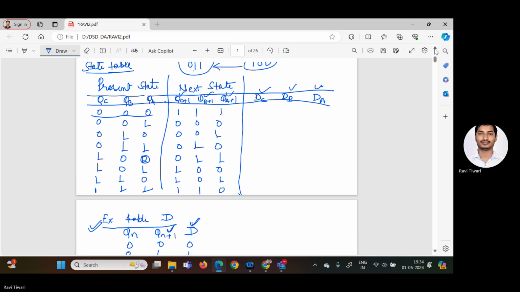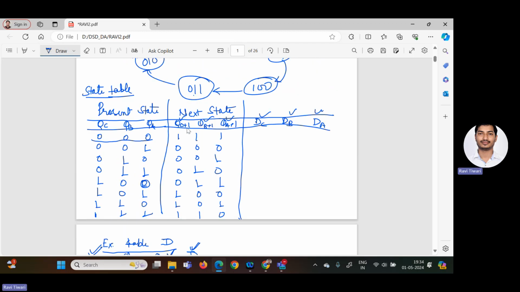So whatever was QC plus 1 will be DC. So it's 1 0 0 0 0 1 1 1. Similarly, for DB, you write down QB plus 1. That is 1 0 0 1 1 0 0 1. Similarly, here it is 1 0 1 0 1 0 1 0.